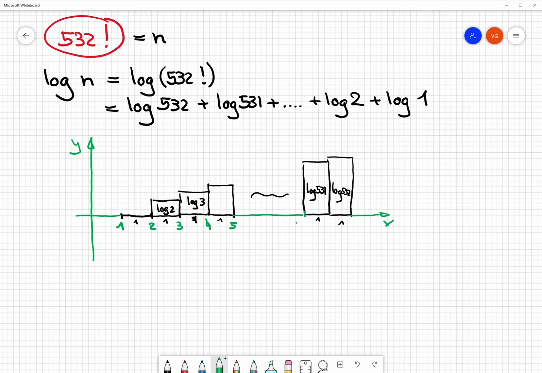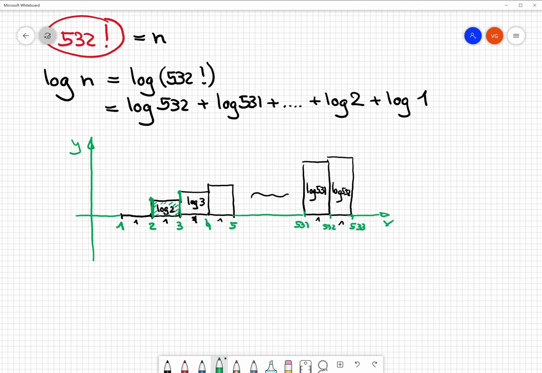So this is 531, this is 532, this is 533. As a matter of fact, this then is the logarithm of 2. If this rectangle has area logarithm 2 and its width is 1, then this needs to be logarithm 2, as is this, logarithm 3.